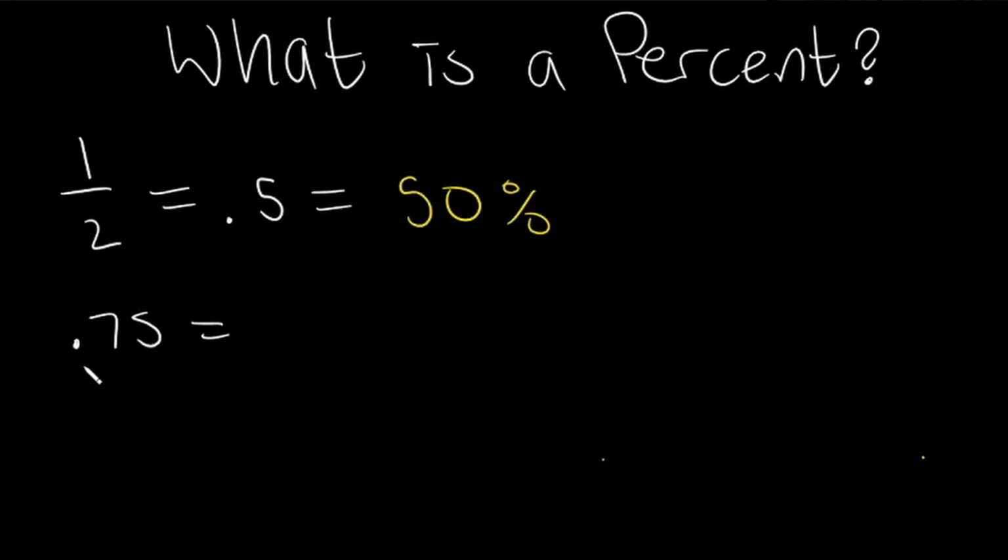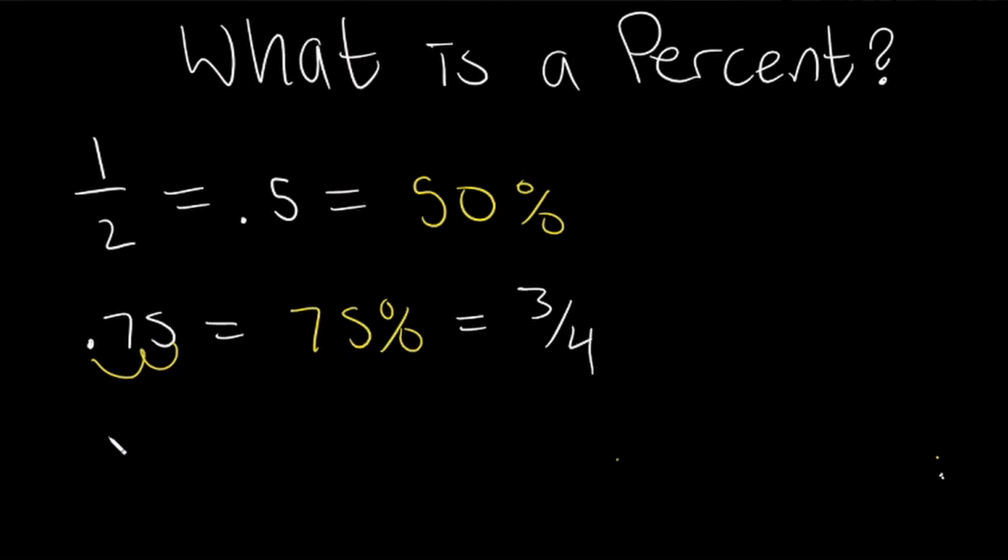We move the decimal place over to the right twice, so 1, 2, and we would have 75%, which is also equal to 3/4. As a decimal, 1 would be 100% and 0 would be 0%. So your percentages are between 0 and 1, just like your fractions.